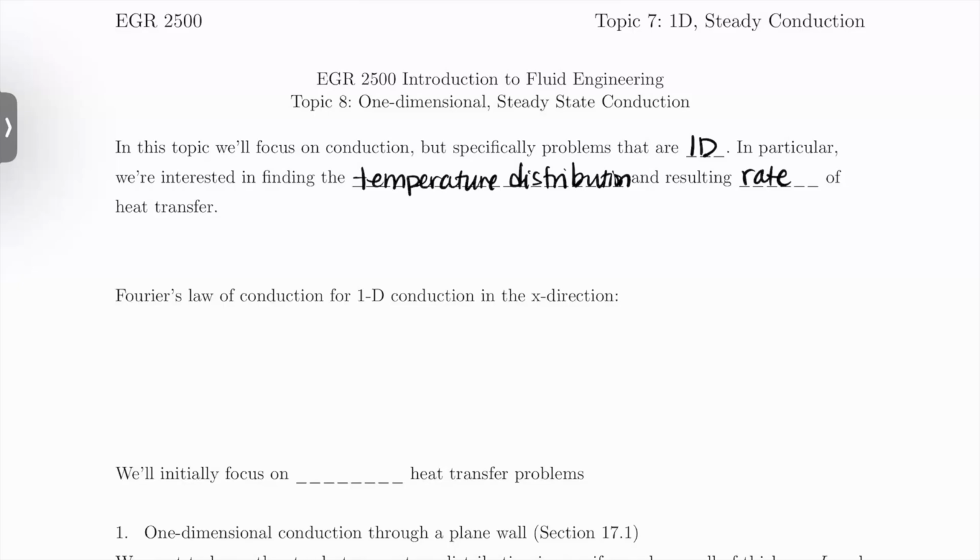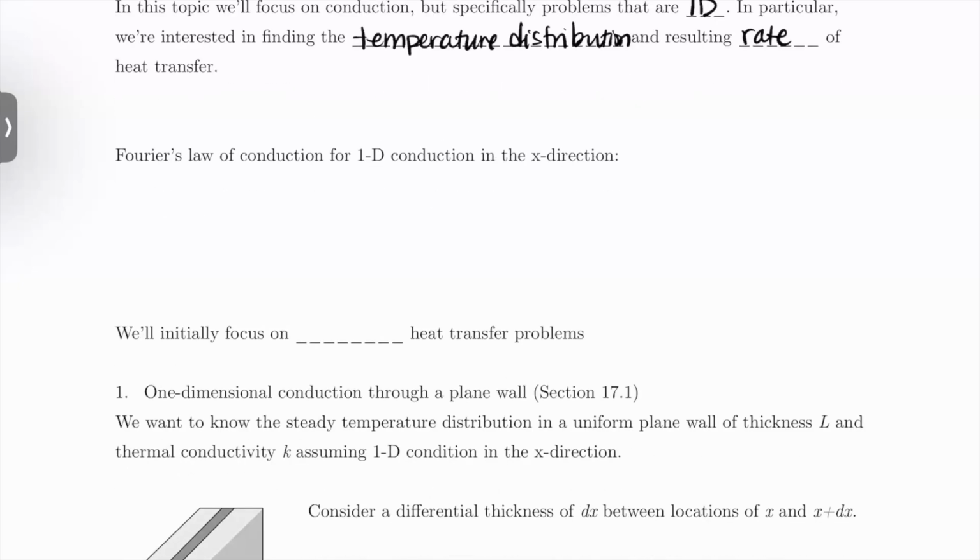Okay, so just to remind you, Fourier's law of conduction for a 1D problem in the x direction looks like the following. So we have Q dot x is equal to minus kA dT dx.